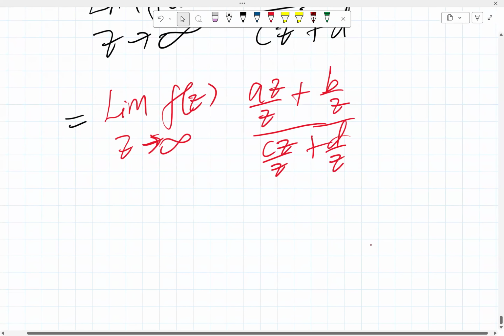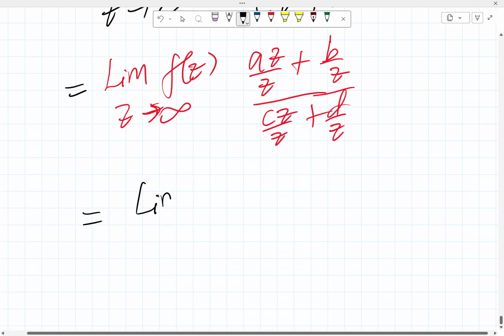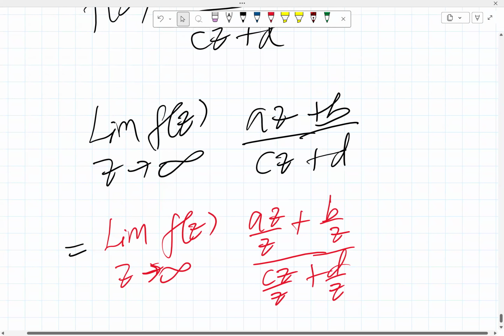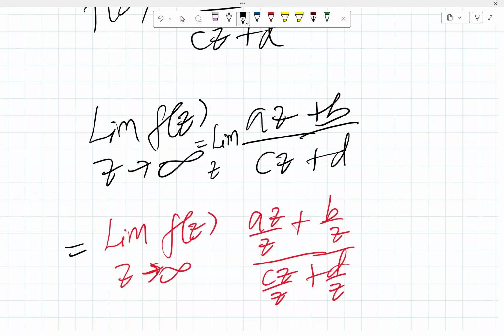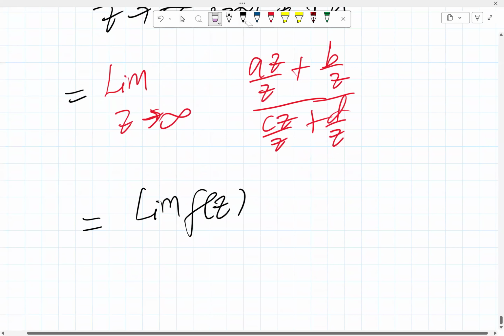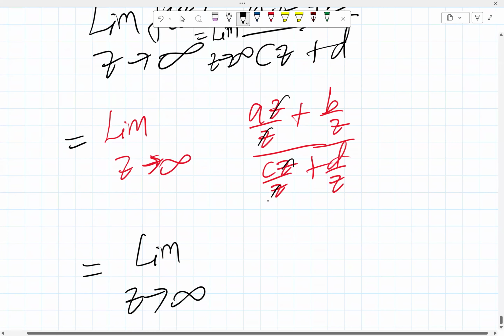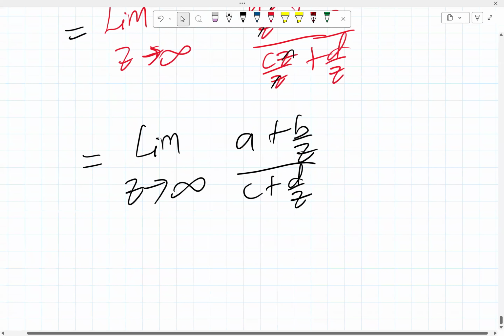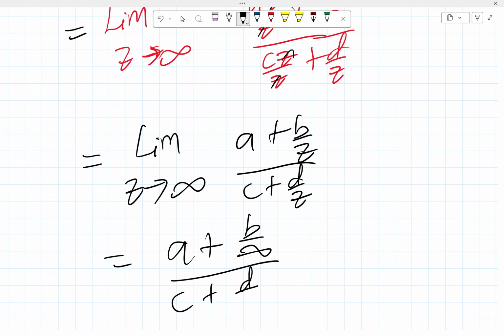So the limit as z tends to infinity, where this cancels, is a plus b over z all over c plus d over z. So at this point, we can substitute infinity. We have a plus b over infinity, all over c plus d over infinity.